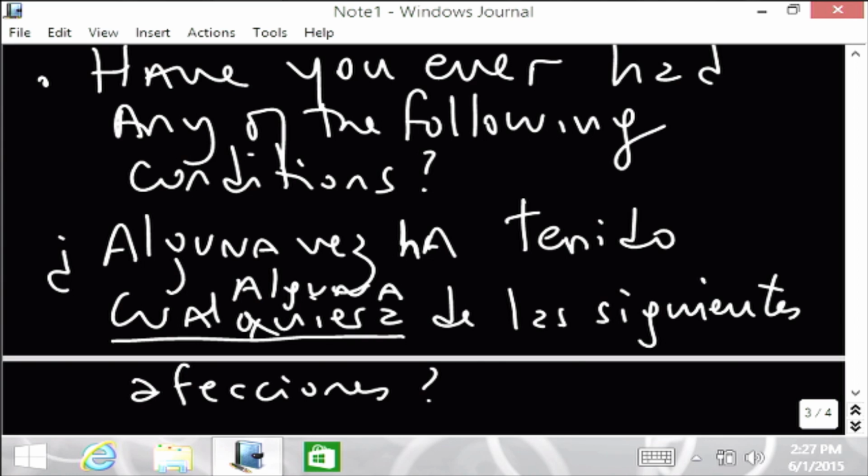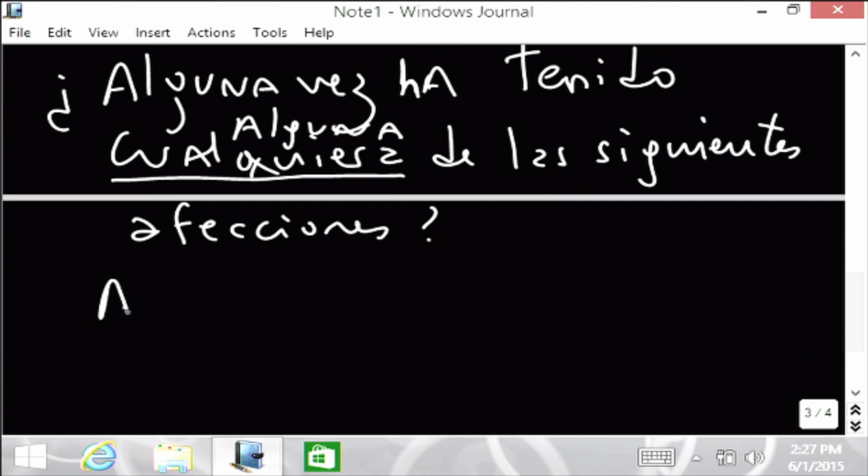It transfers either as toda or alguna. So in this case, when you say any of the following, any of is usually alguna de, en vez de cualquiera de. So any by itself can be todo or toda, of course.